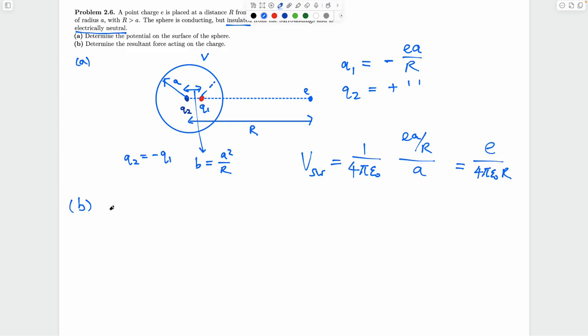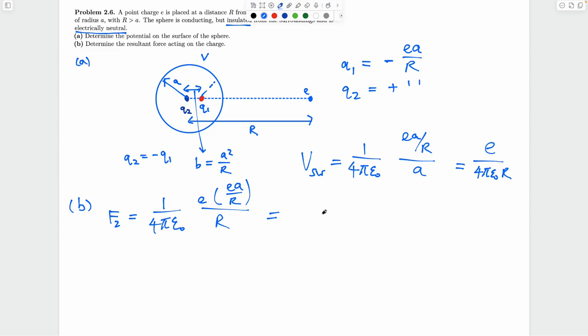The force due to charge two is just 1 over 4 pi, and so on. I won't simplify that.